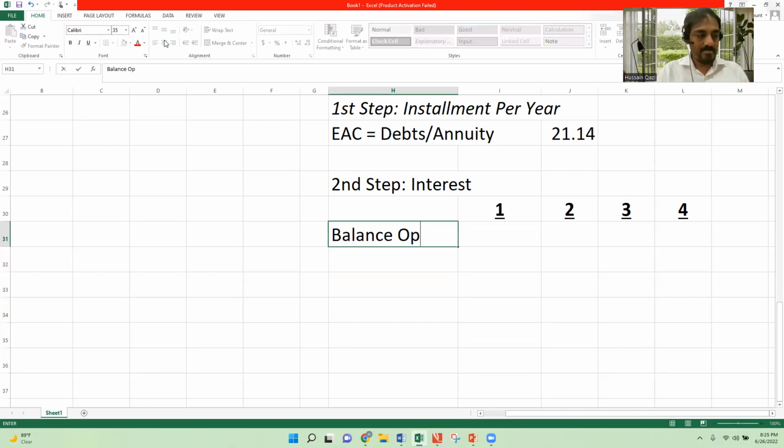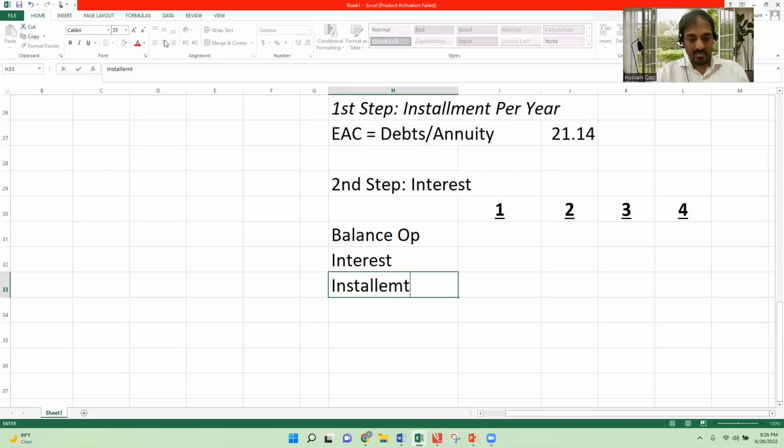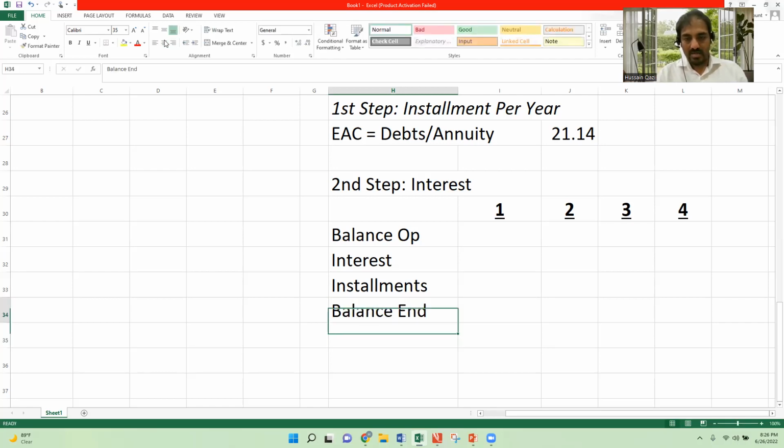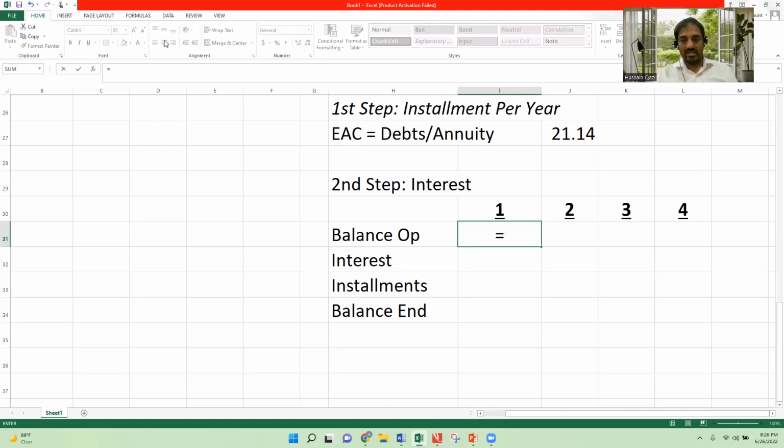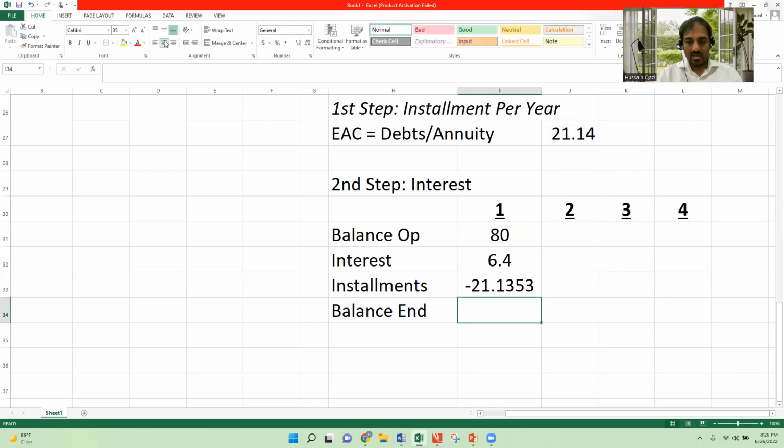Opening balance, then interest, then installment, less installment, and closing balance. So number 1, how much is the balance? That's 80. So interest is equal to 80 into 0.08. Installment minus this amount and is equal to sum.